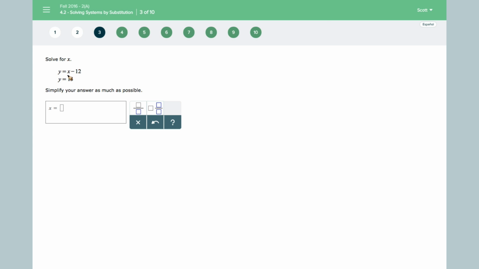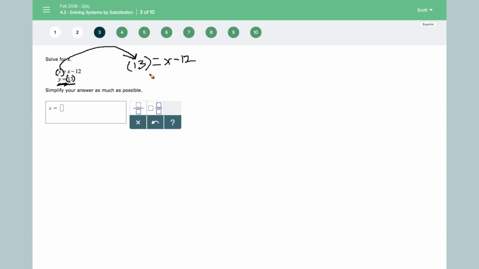Here, again, we're solving for x. We have y right here, so we're going to replace y with that number. So I have 13 equals x minus 12. All I did was replace the y with the 13, which is what I'm told right here.